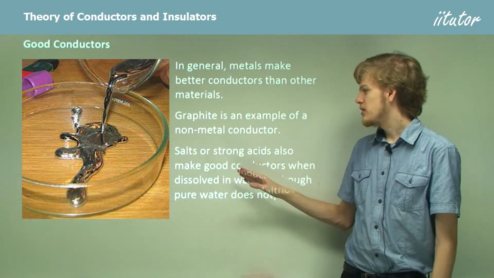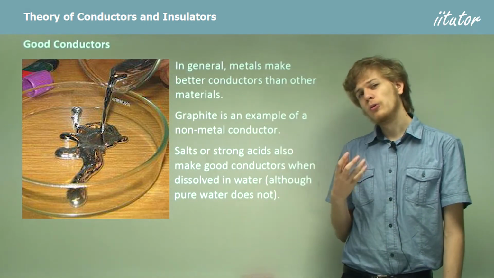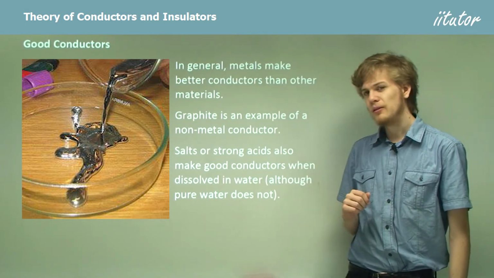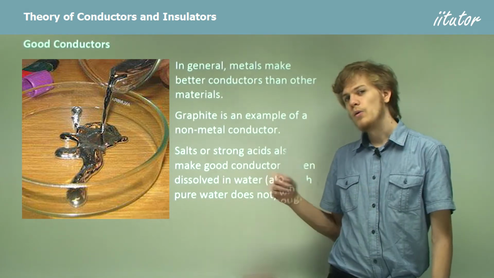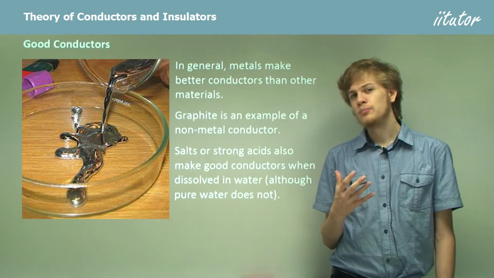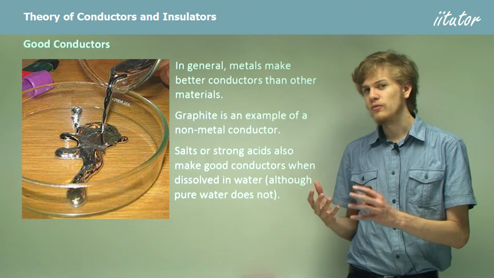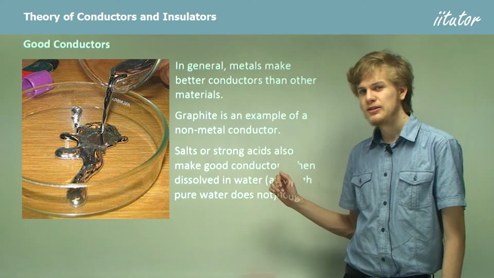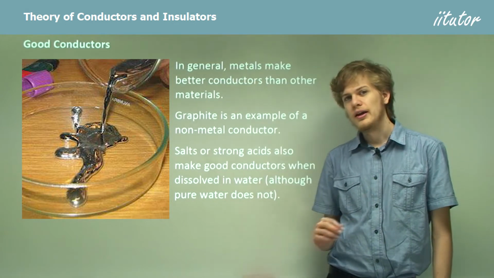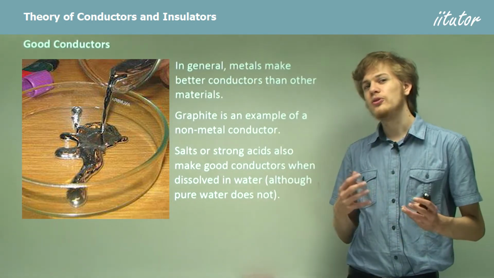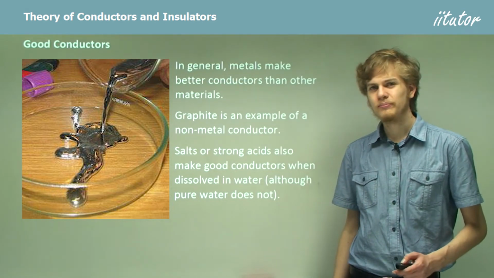So graphite and salts and strong acids are all examples of things that are conductive even though they are not made out of metal. Now, when we have salty water or acid water conducting electricity, it's important to remember that the conductivity of the liquid is due to the dissolved salts or the dissolved strong acids. Pure water is not very conductive at all, although it's not as good an insulator as some other materials.